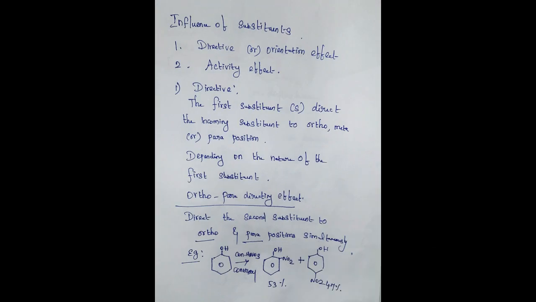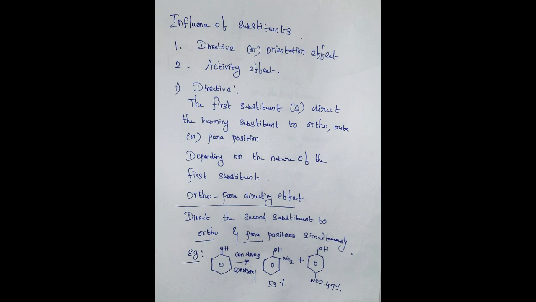Next, we are going to talk about the influence of substituents. It is the directive effect. Another one is the activity effect. What is the directive effect? The first substituent already present in the benzene ring directs the incoming substituent to the ortho, meta or para position.